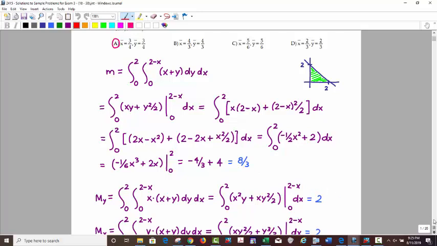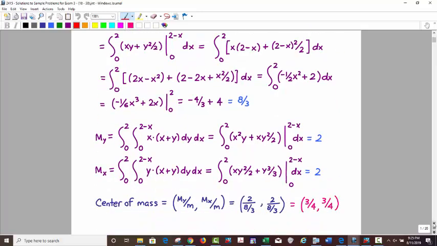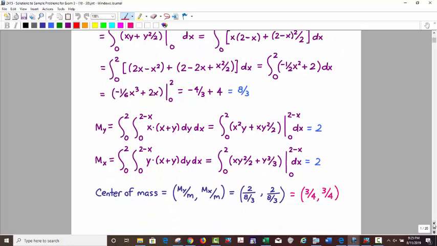Now we have to find these two things called the moments here, the My moment and the Mx moment, which are both going to be divided by the mass. It looks like I just skipped all the arithmetic steps here. Hopefully, what I showed you on the mass part will give you a guideline. It's going to be a little bit different, but I didn't go through all the integration, which is not really that complicated.